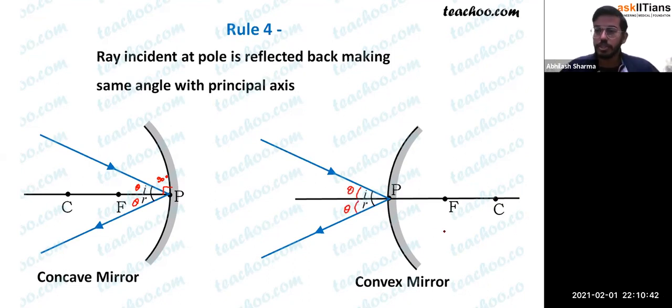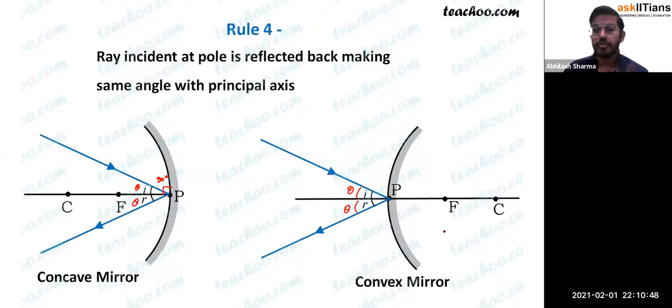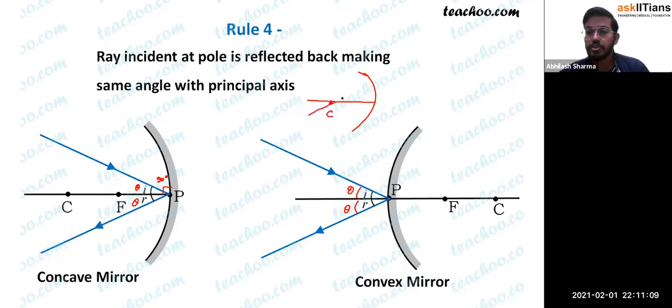Now, keeping these rules in mind, you can always form the ray diagrams of the mirror. One more important point I would like to add here. I think I missed rule number 3, and I would like to mention it here. And that point is, what if the ray is passing through the center itself? If here is the center of the mirror, what if the ray passes through the center? Think about it. It's already falling at 90 degrees to the mirror.